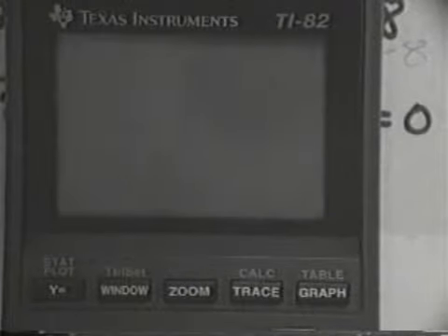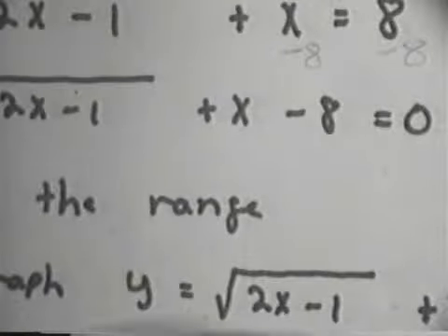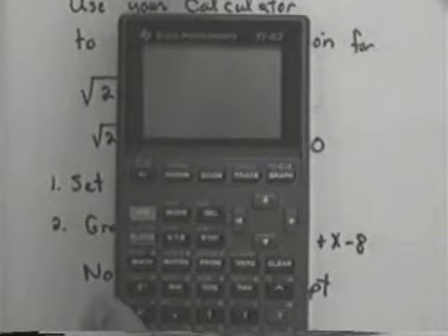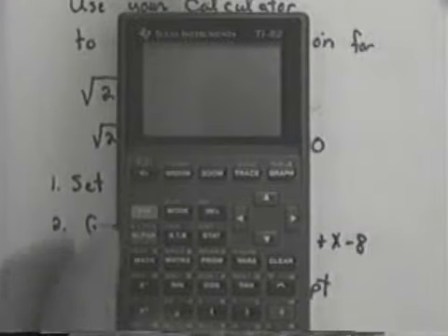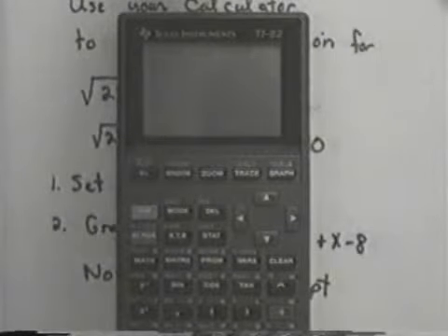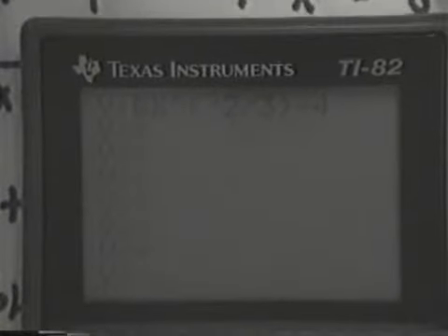Now what we want to do, once we get the range, we want to graph y is equal to the square root of 2x minus 1 plus x minus 8, and note the y-intercept. So what I need to do is to get my calculator back, and I need to hit the y equals key. Using that, I need to enter my function.